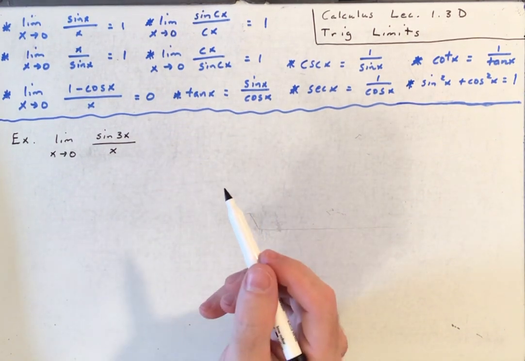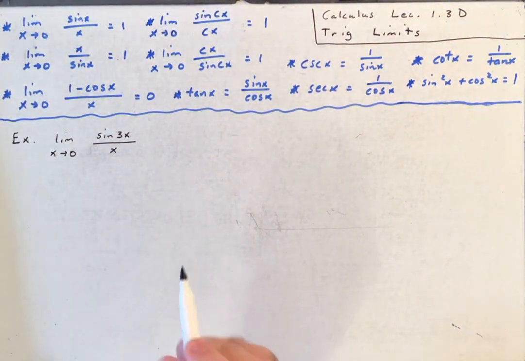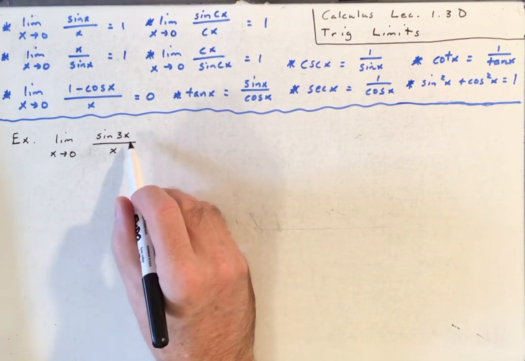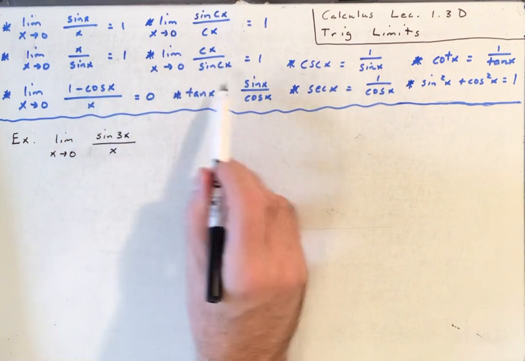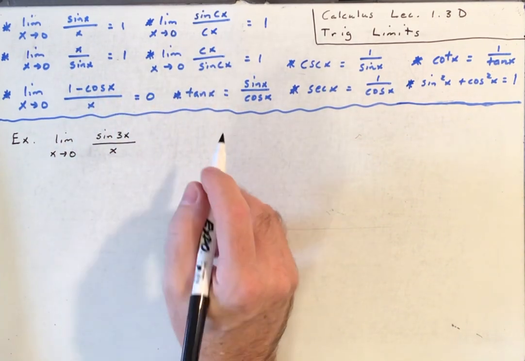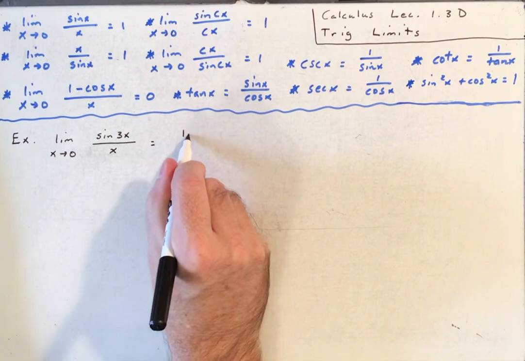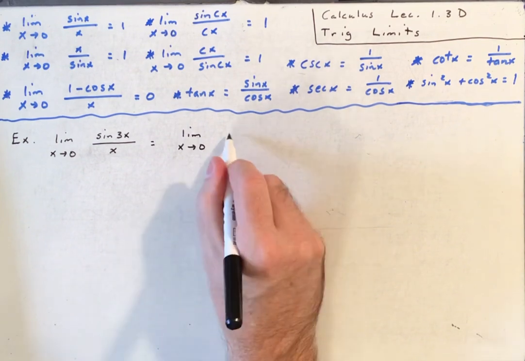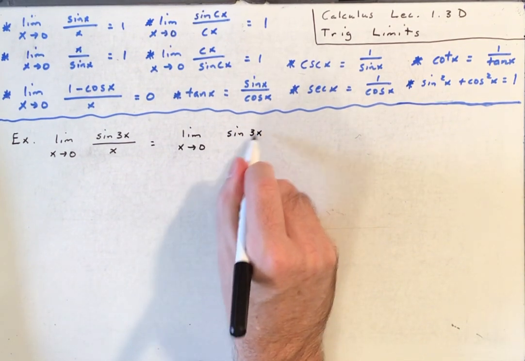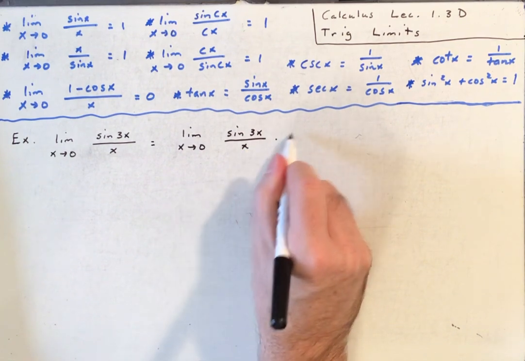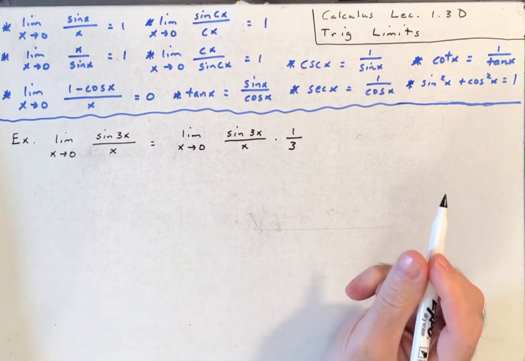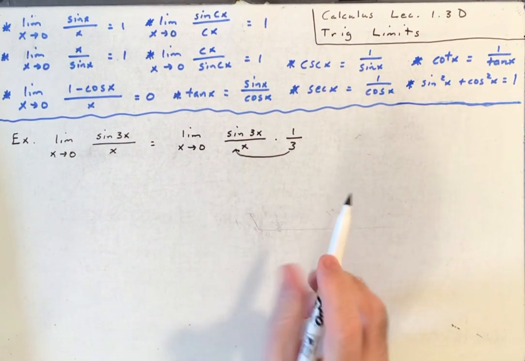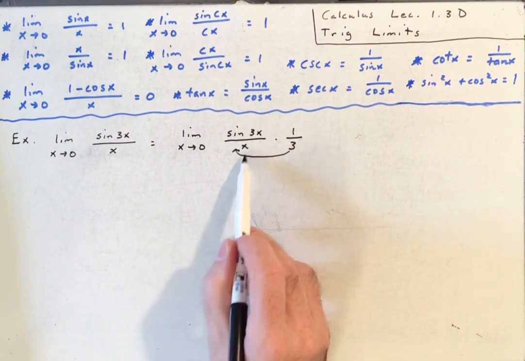Well, what we do with these trig limits is we just manipulate these equations so that they fit one of these identities. Okay, so how about we rewrite this as the limit as x approaches 0 of sine 3x over x times 1 over 3. That allows me to bring that 3 right here, and then I have it in the format that I need, sine 3x over 3x.